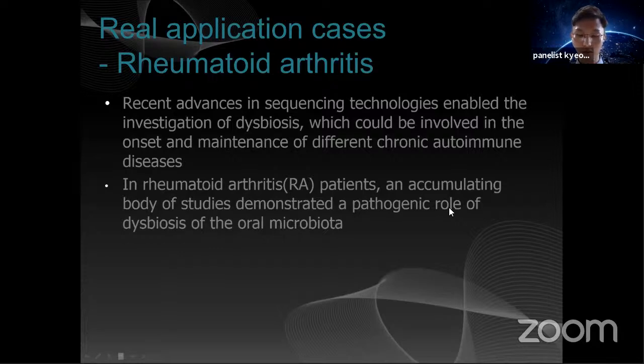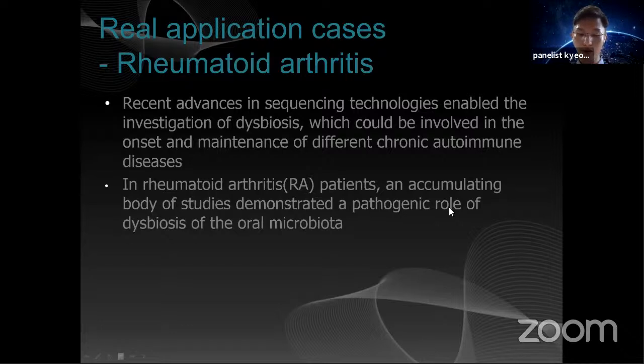Recent advances in sequencing technologies enable the investigation of these imbalances, which could be involved in the onset and maintenance of different chronic autoimmune diseases.